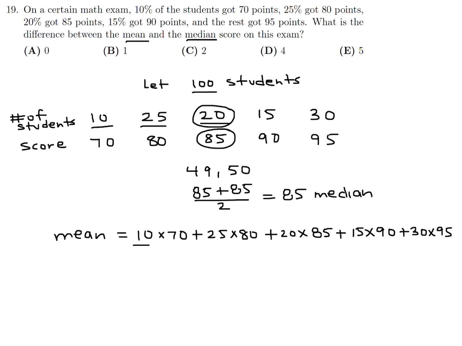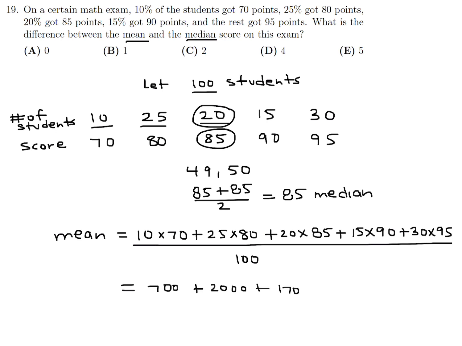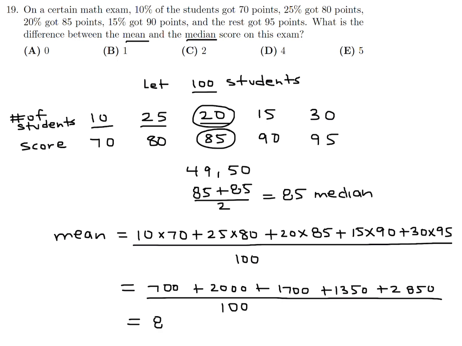And then, of course, we have to divide by the total number of students, which is 100. And if you do the math, we've got 700 here plus 2,000 plus 1,700 plus 1,350 plus 2,850 all over 100. And this is 86.